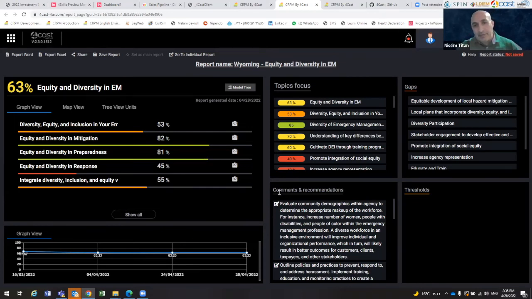Where you see here where it says comments and recommendations, that's part of building the data. When we start building the model, and this is why we're having all the different workshops and lunch and learns, is trying to input to the model the operational mind, speaking to a lot of people from the operational side before we go to the technical side of it, understanding from their experience what they have learned in the past, what happened in different events, what kind of lessons learned they had, and you can drill down.